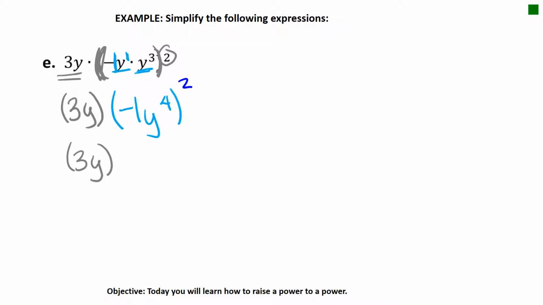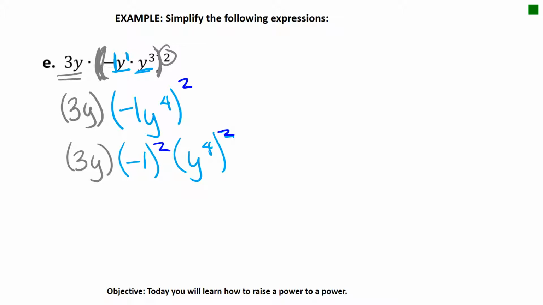Now I got a creeper out here. What do creepers do? Oh yeah, they multiply your fear. The negative 1 is going to get that power of 2. The y to the 4th is going to get that power of 2. It's being creeped on.